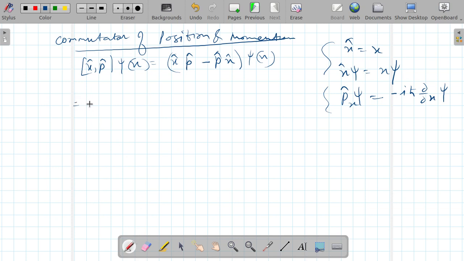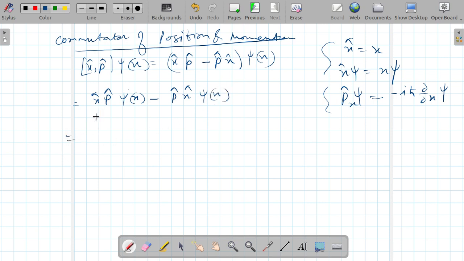what I will do is x operator p operator psi(x) minus p operator x operator into psi(x).